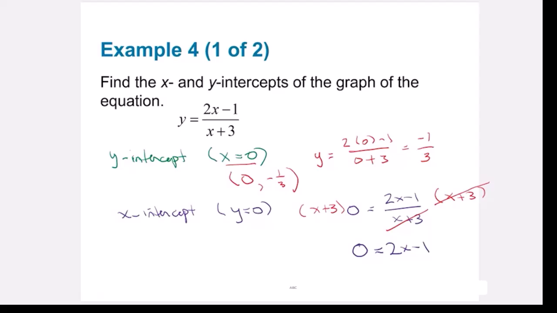Okay? So I add 1 to both sides, and then I divide both sides by 2. I get x equals 1/2. And if I wanted to put that in ordered pair form, I would have (1/2, 0), because I already know my y is going to equal 0 whenever I'm looking for my x-intercept.